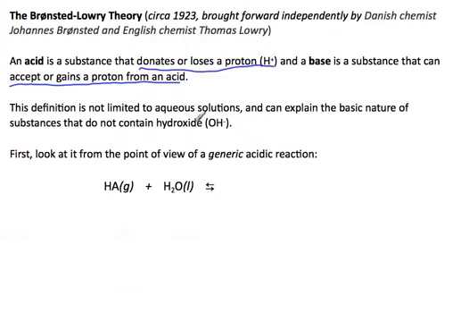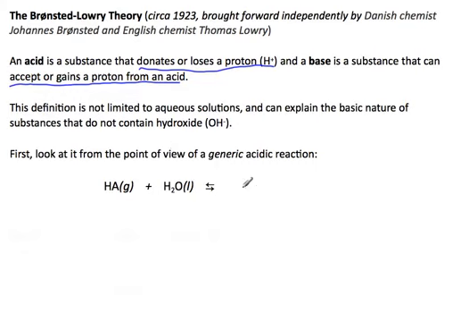So this definition is not limited to aqueous solutions and explains the basic nature of substances that don't contain hydroxide. So this theory was basically an addition to the Arrhenius theory. It didn't supplant the Arrhenius theory, but it added to it in a way that helped explain some of the properties that were unexplainable by Arrhenius.